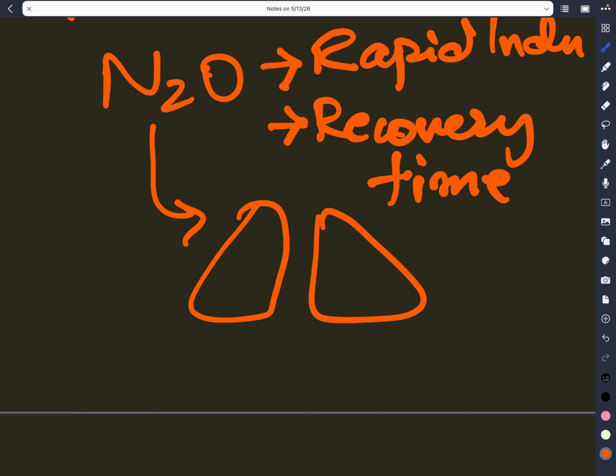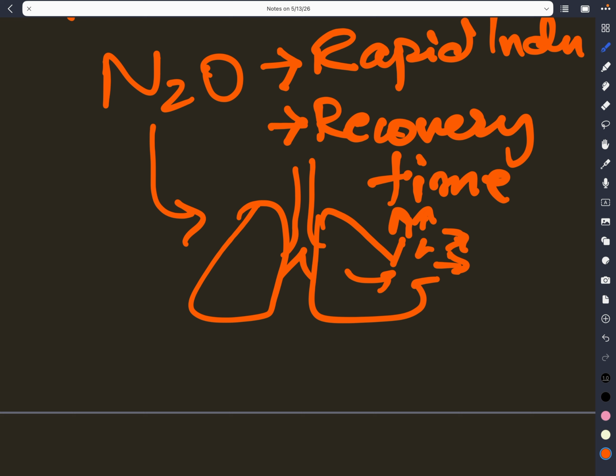When you achieve rapid induction, N2O fills up the gas-filled organs, and it can also cause pneumothorax. Air leaks out and goes into the pleural cavity. So you have pneumothorax.